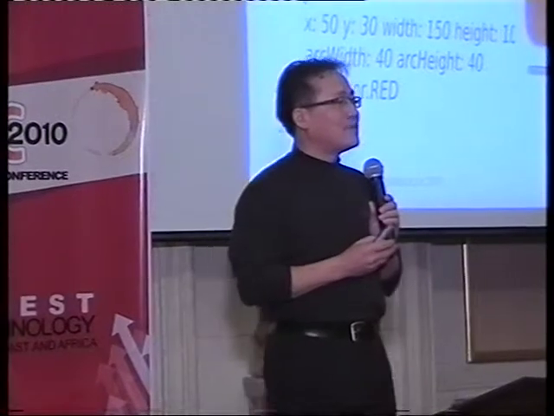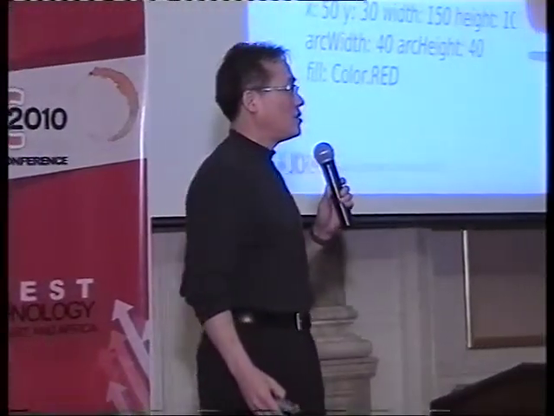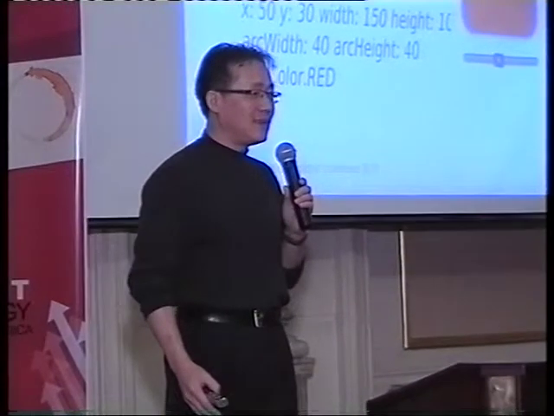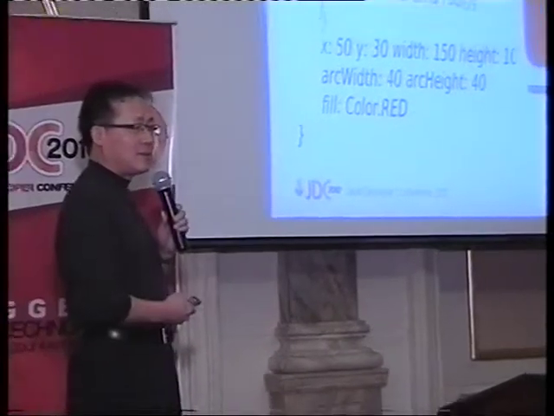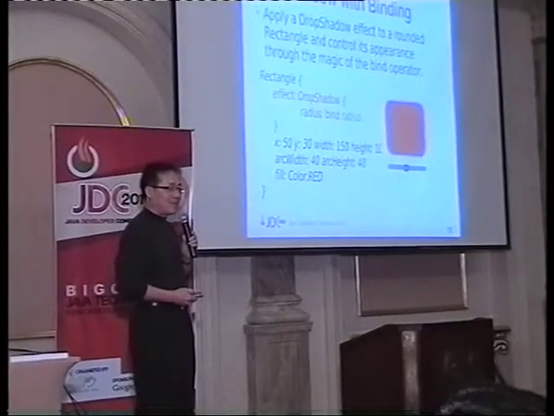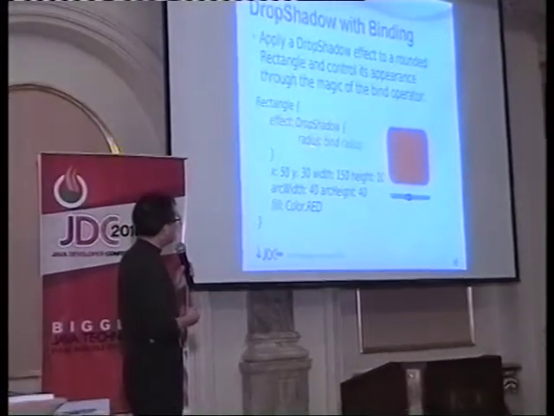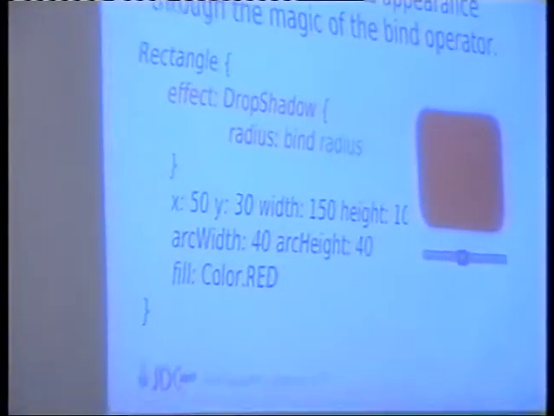Now, we talked about effect, and we talked about bind. When you combine these two, it becomes very interesting. The properties of your graphical object change automatically by using bind. In this case, I have a rectangle object with a drop shadow effect applied. Now the value of radius is bound to another variable. It could be another variable x or something.